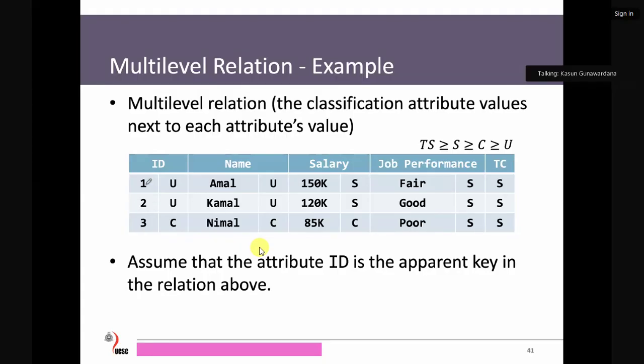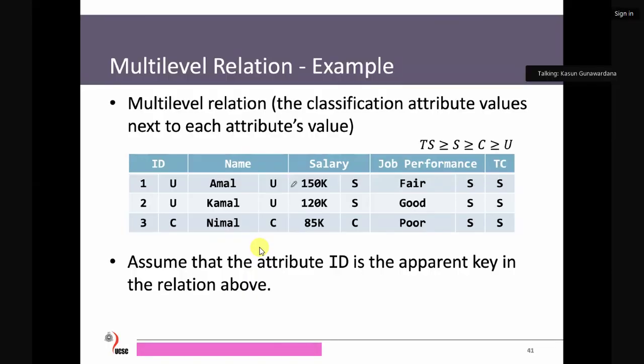So ID 1 is at the unclassified level, the name of the ID 1 holder is Amal, and again, it's unclassified. Salary of Amal is a secret value. Job performance fair is again secret.